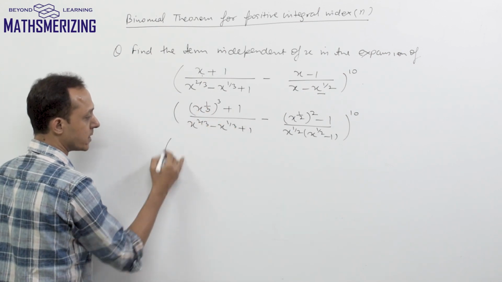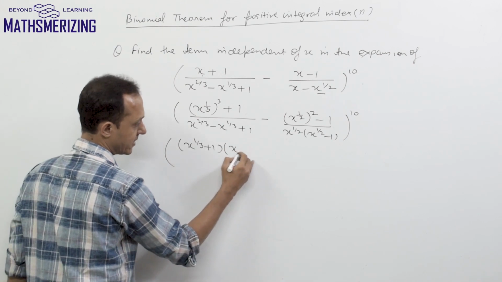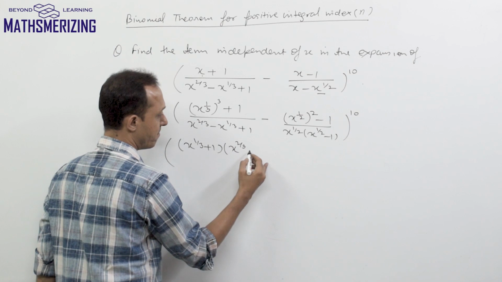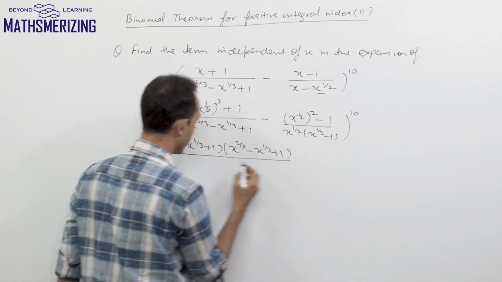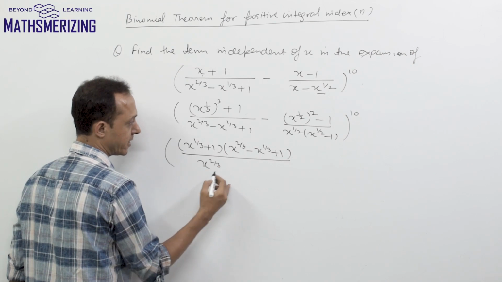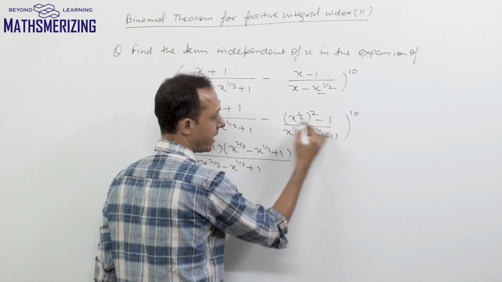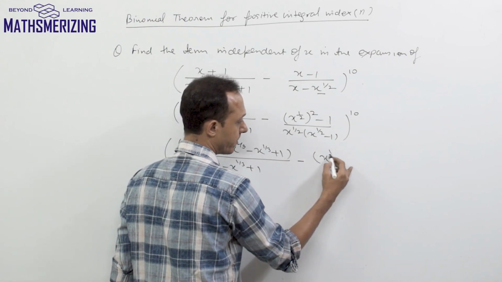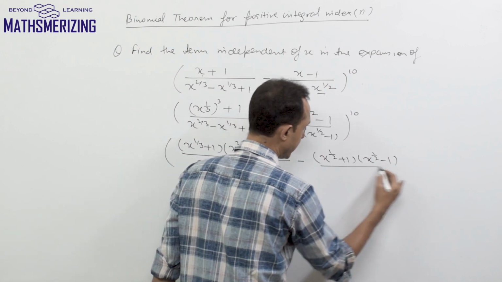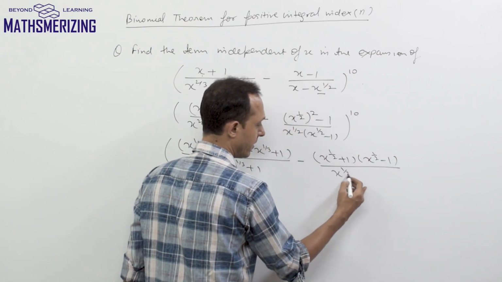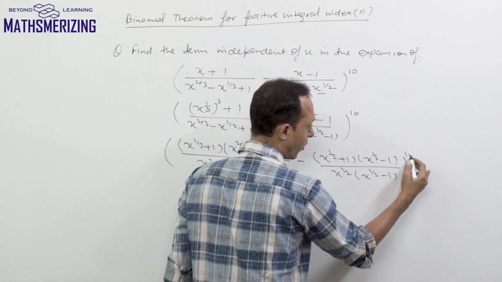The formula for a cube plus b cube is a plus b times a square minus ab plus b square. So in the denominator I have x to the power 2 by 3 minus x to the power 1 by 3 plus 1, and here a square minus b square will be a plus b and a minus b, and here will be x to the power 1 by 2, x to the power 1 by 2 minus 1, whole to the power 10.